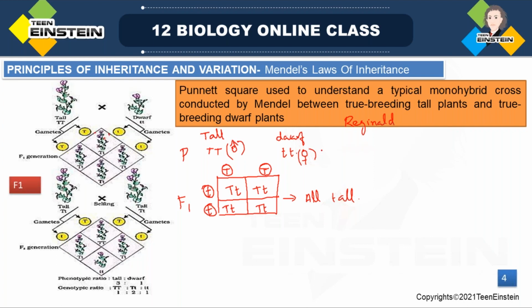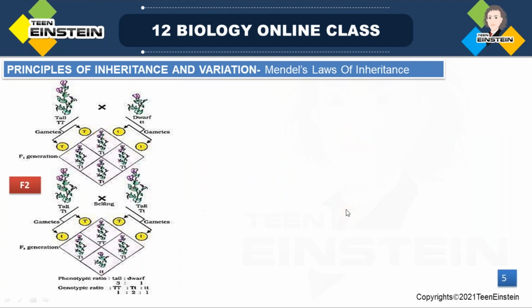And here the dwarf parent is producing only one type of gamete, small t. The possible combinations are capital T, small t, capital T, small t, capital T, small t, capital T, small t. All are in the heterozygous condition. So all are expressing the tall condition in F1. All are tall. Okay.